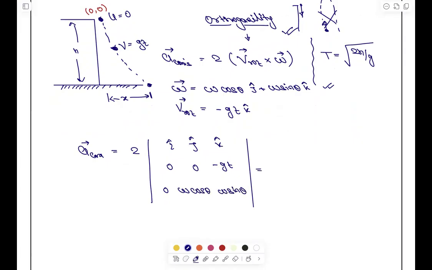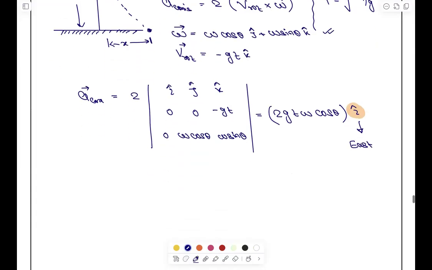From here you can understand that if you take i, it will be 0 and it will be gt omega cos theta, and minus. So it will be 2gt omega cos theta i cap, with the 2 outside. Now from here we can say that the deflection is in the east direction because it is not minus i or j, it is i cap. So it is the east direction.